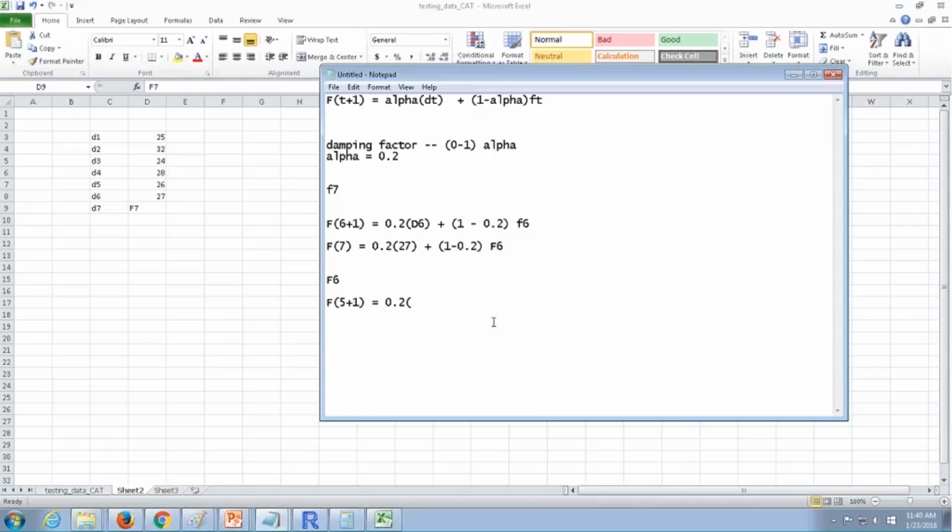And what is my Dt? Here t is 5, so I'll give D5 plus the same, but here it would be F5.